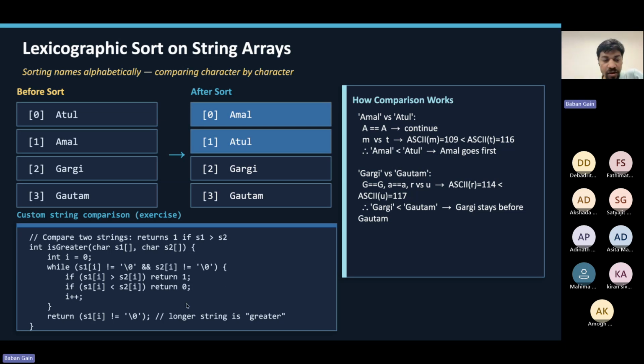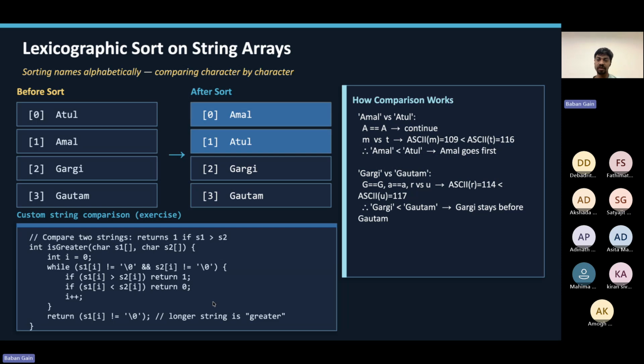But if it is instead not greater, it is lesser. So maybe here it is A and here it is B. So you can return zero, signaling that string two is greater. So if string one is greater than string two, we'll return one. Otherwise, we'll return zero.